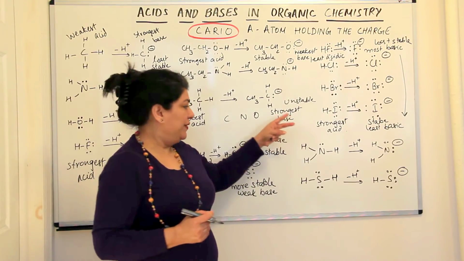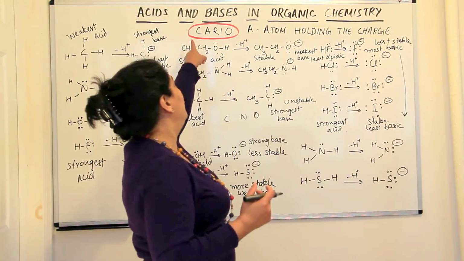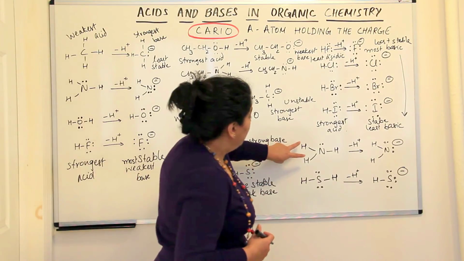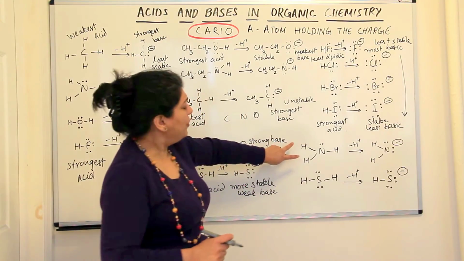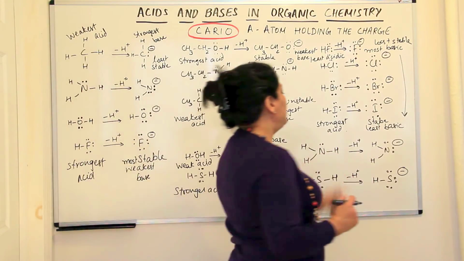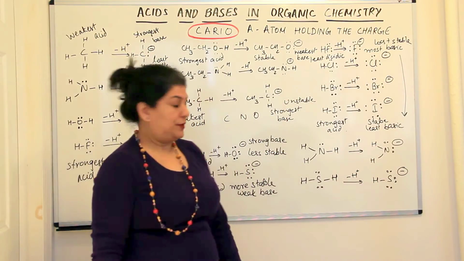Let us now just deal with one last problem, and then in the next video, we'll be able to move on to the next step. That is resonance. Now here we have NH3, ammonia. And on deprotonation, it produces NH2 negative and the negative charge is on nitrogen.